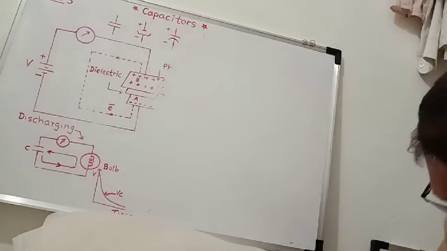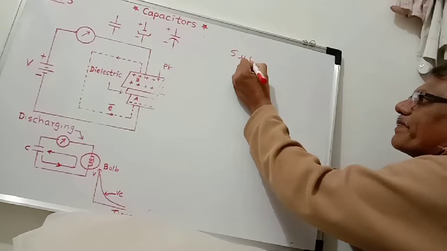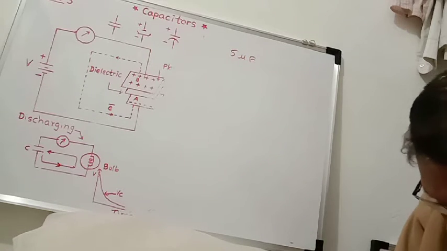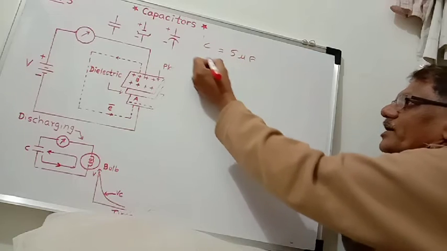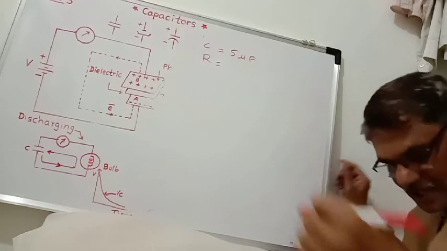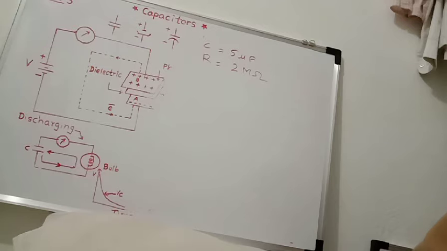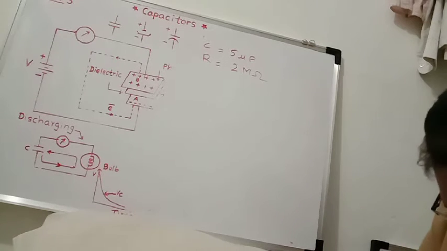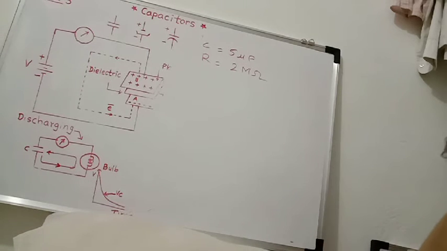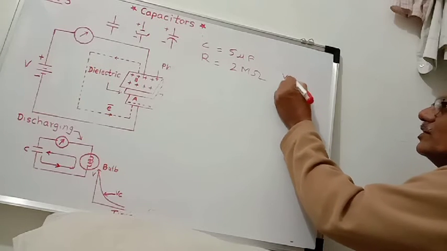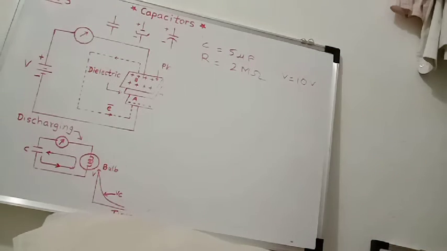If a capacitor of 5 microfarad is charged through a resistance of 2 mega ohm with a battery voltage of 10 volt, that is, C is equal to 5 microfarad, R is equal to 2 mega ohm, and V is equal to 10 volt, then calculate the time constant.